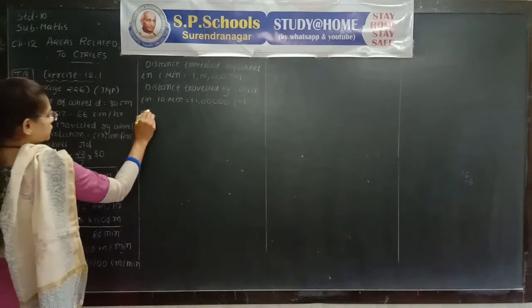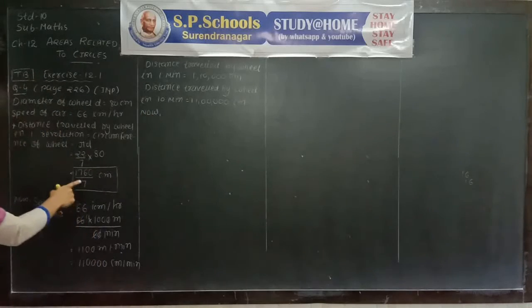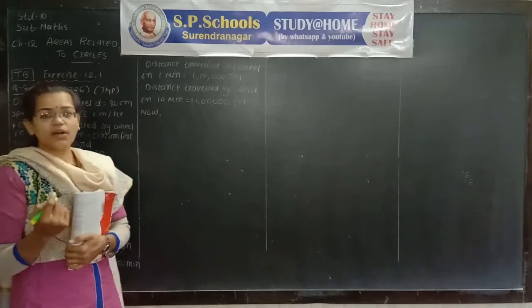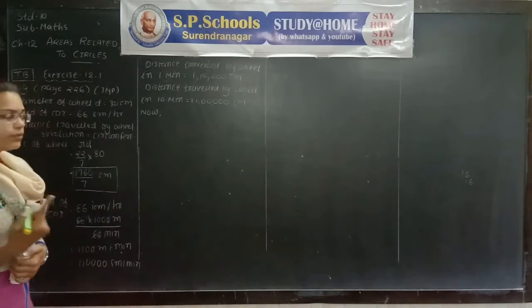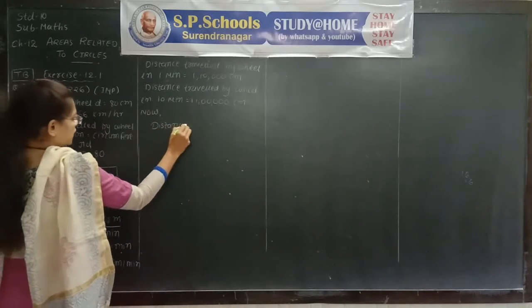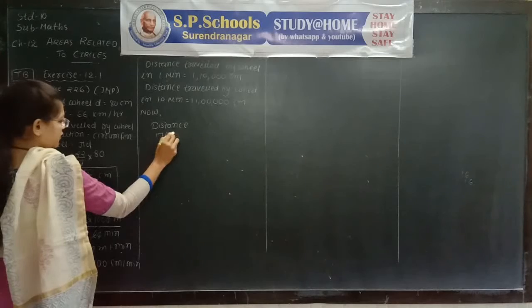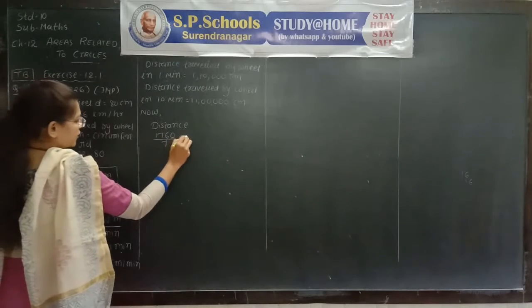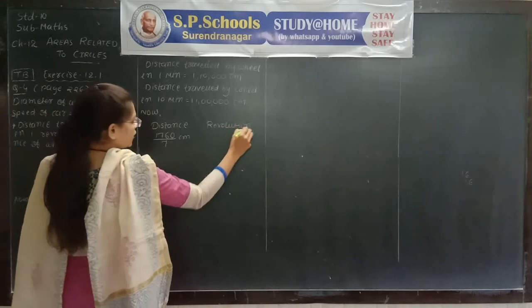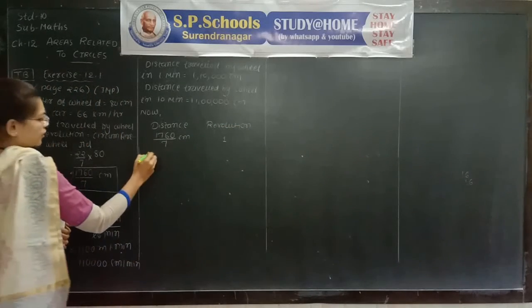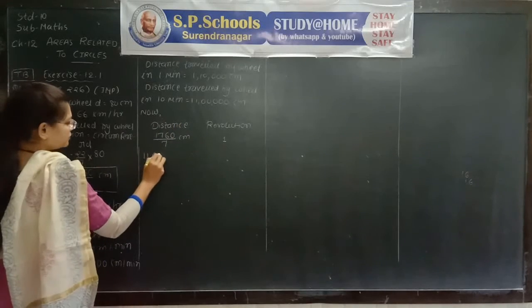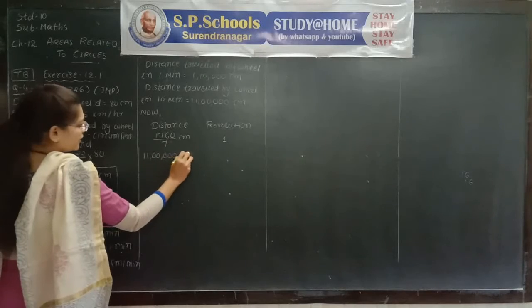Now we put, if the distance is 1760 upon 7 centimeter, then how many complete revolutions are there? Only one. Now, if the distance is 1760 upon 7 centimeter, then the number of revolutions is equal to 1, but the distance traveled by the wheel in 10 minutes is 11 lakh centimeter.